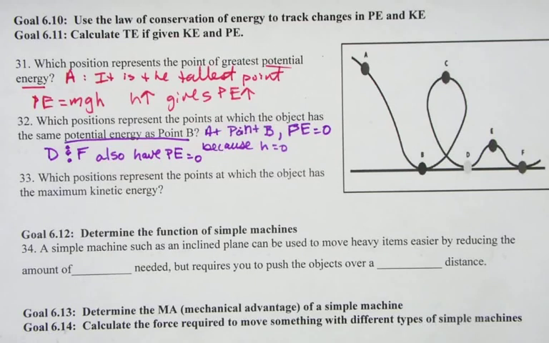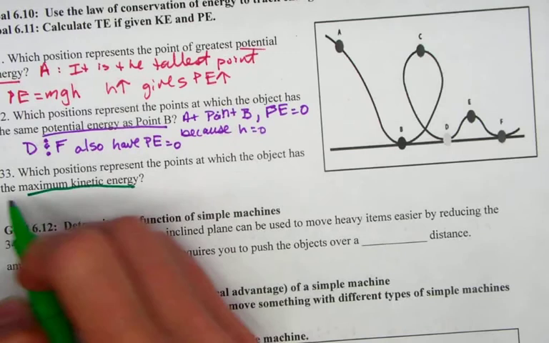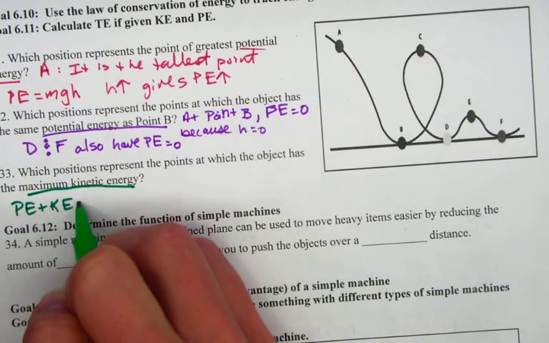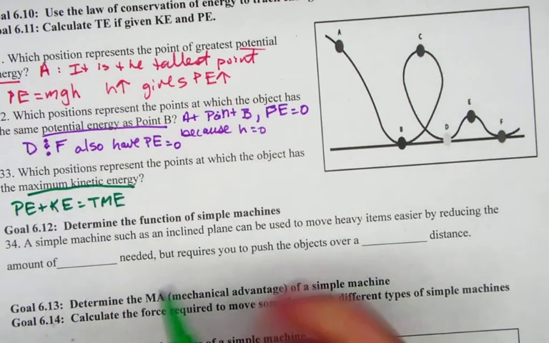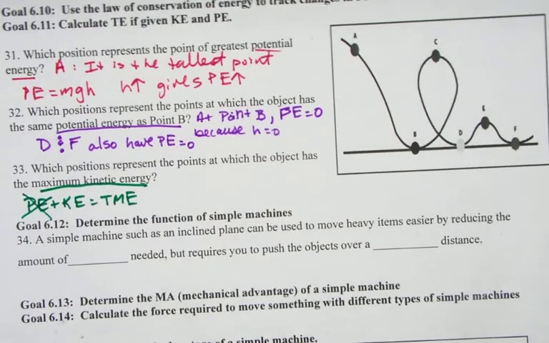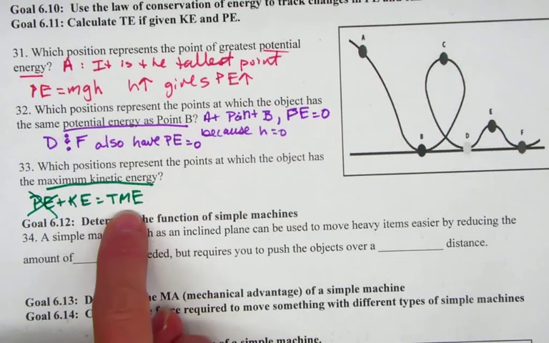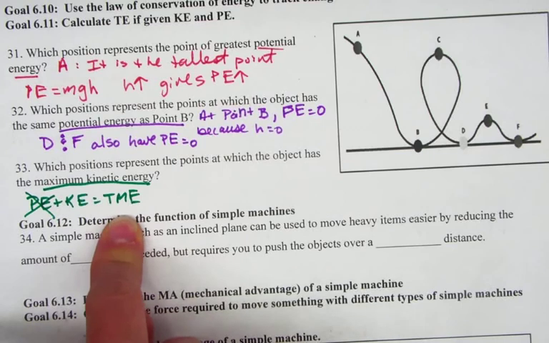Which positions represent the point at which the object has maximum kinetic energy? Well, we know that potential energy plus kinetic energy equals the total mechanical energy, right? So we want the places where there is no potential energy, and that's going to mean that kinetic energy is going to have all the energy of the system.